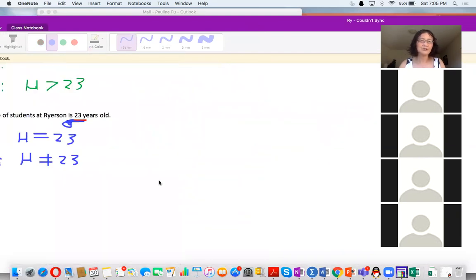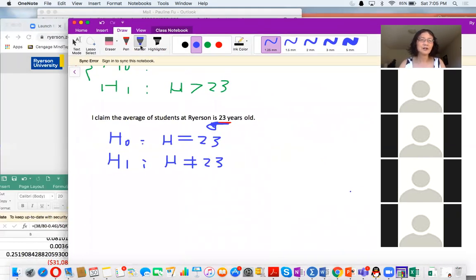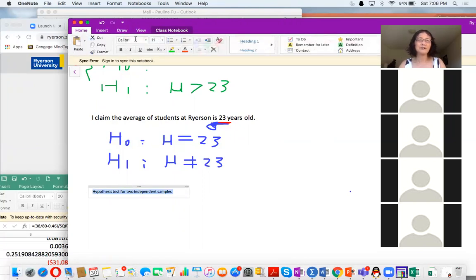So this is about hypothesis test for 2 independent samples, and this is actually a t-test.